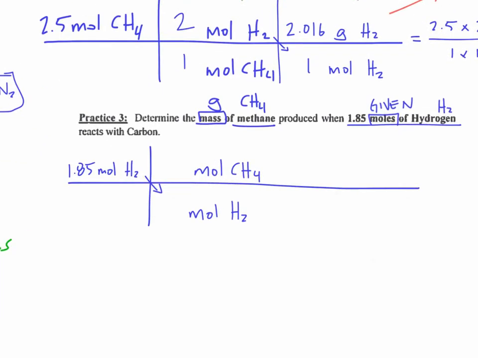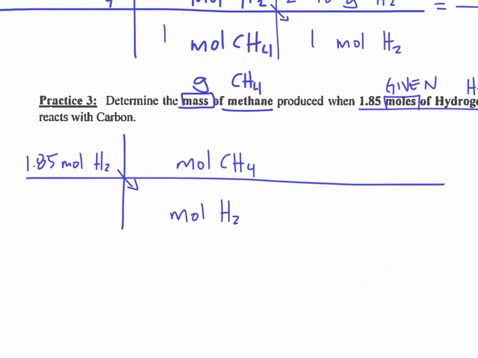When we look back down here at the bottom, I've got 1 mole of CH4, 2 moles of hydrogen gas. So I'm going to continue on. I'm going to bring down my unit, moles of CH4. And now my last step is to go from moles of CH4, I'm at methane, that's where I want to be, and I can convert to grams of the same substance.